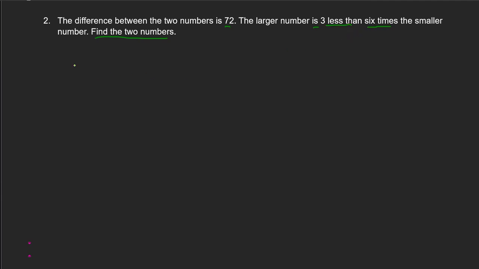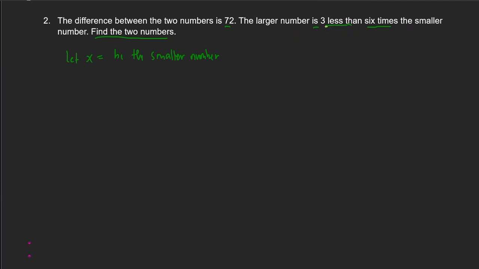So, ibig sabihin, let x be the smaller number, and since dito sa solution natin, the larger number is 3 less than 6 times the smaller.